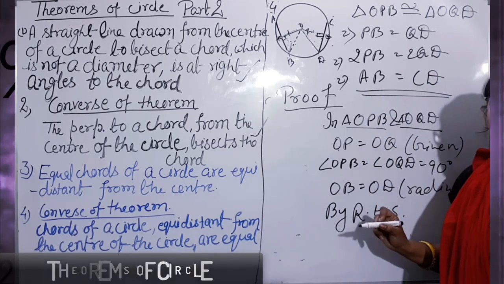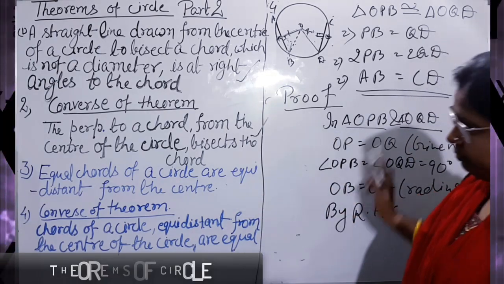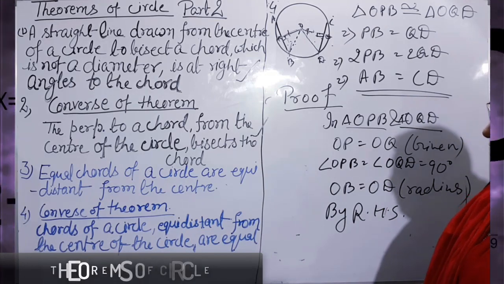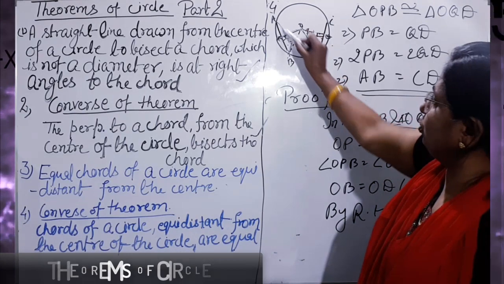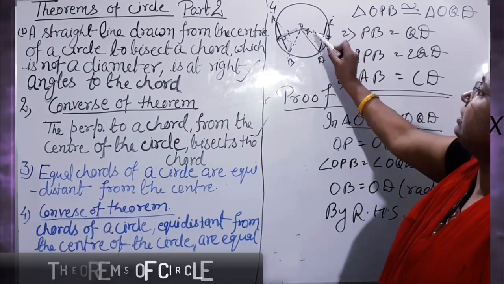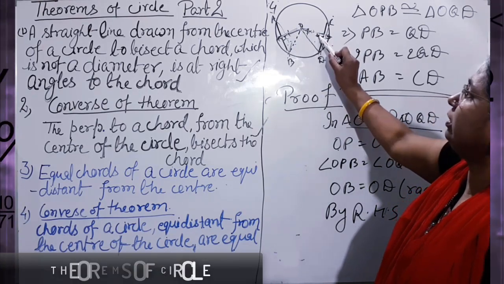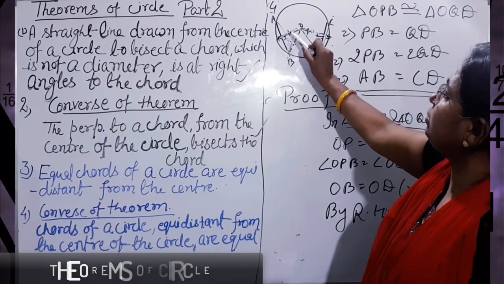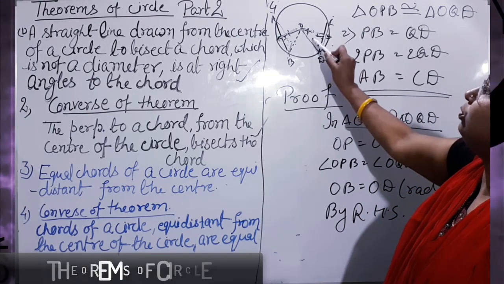Understood? The converse of theorem number three is also proved. Chords of a circle equidistant from the center of the circle are equal. Both chords are equal. This time given it is equidistant, that means these both distances are the same and perpendicular also. These two are given, and then it is a radius, that's why both are equal.